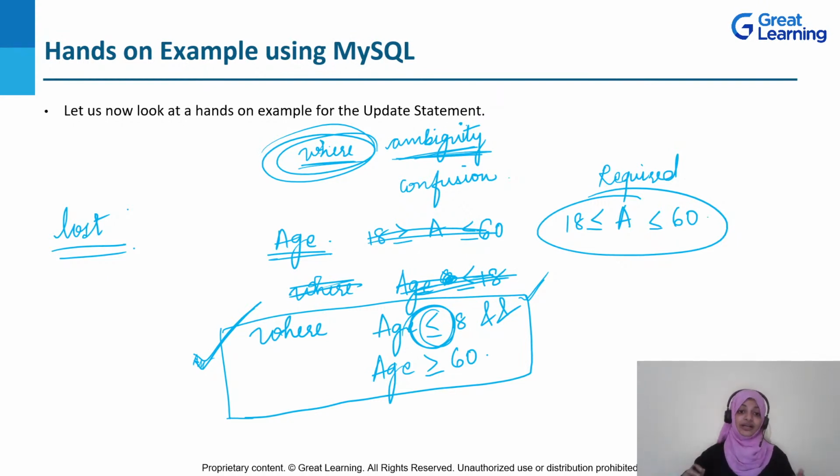And after we are satisfied with whatever output we are getting, we then commit all of our queries. So thereby we are first checking whether what we required is what has happened, and then we are saving all of those changes to the database. So again, I'm reiterating, be very, very careful of this where clause while you're using update statements.